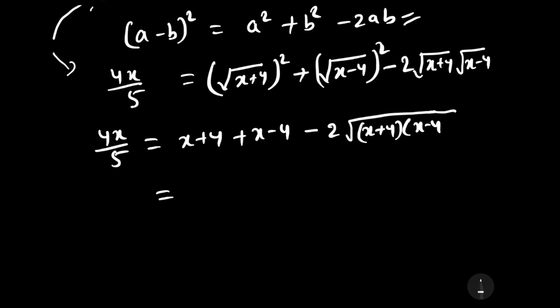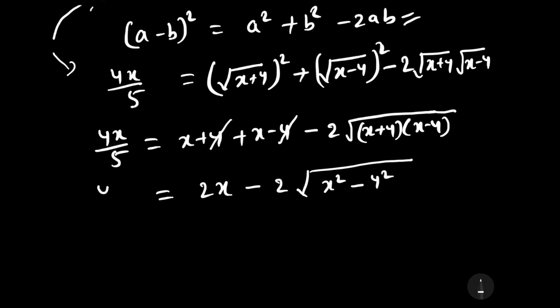Now further we can write it as, since this plus 4 will cancel out with minus 4, we can write it as 2x minus 2 into square root of, since it is the a plus b and a minus b format, this can be written as x square minus 4 square, and this will be equal to 4x upon 5.